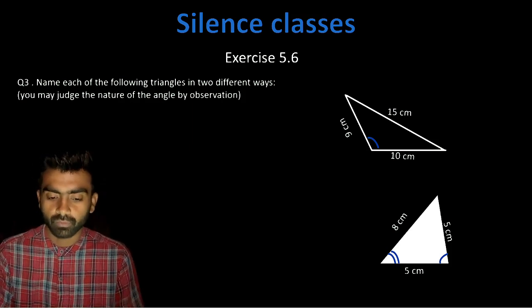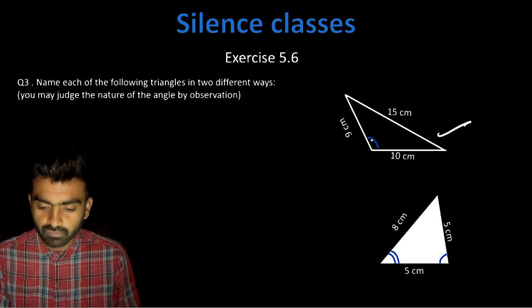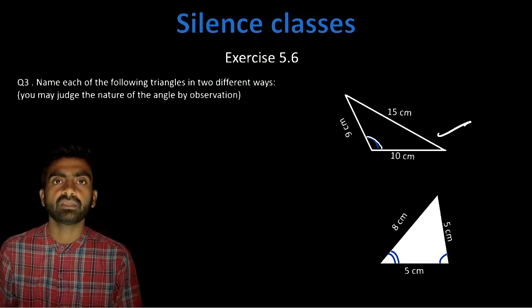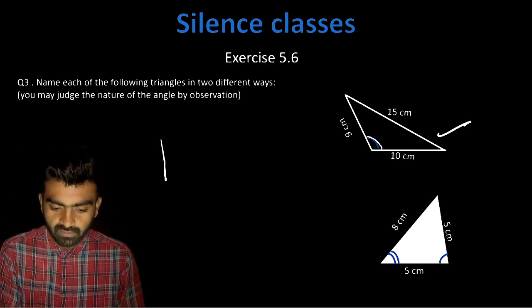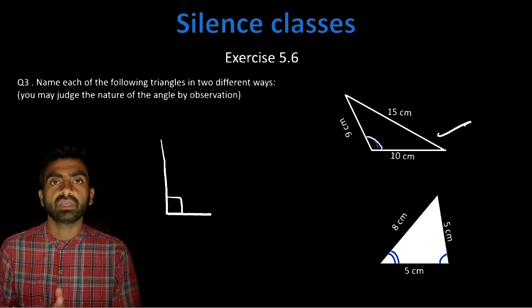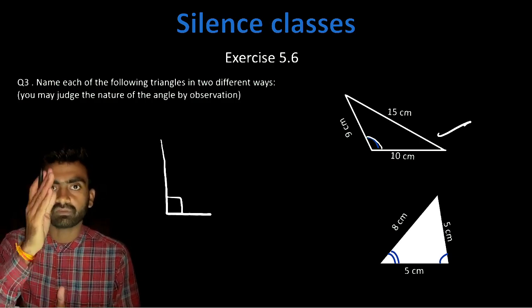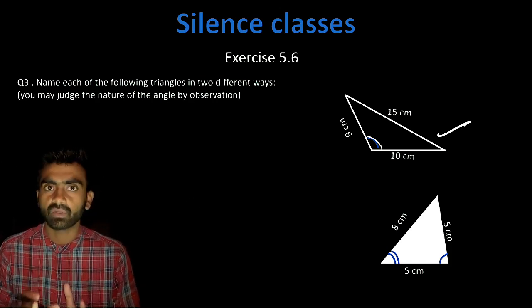So in this figure you can check this particular angle, this one. It is greater than 90 degrees, because you know the 90 degree angle is straight like this. Means if there is a perpendicular line, a straight line, it is known as a 90 degree angle.